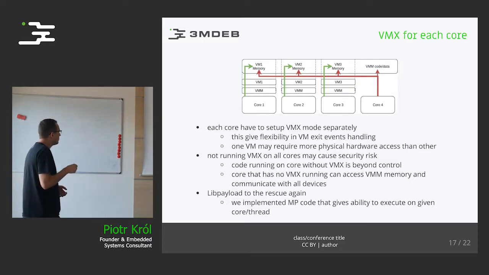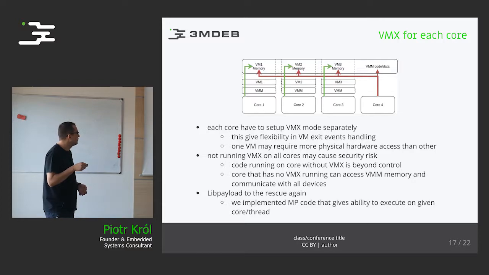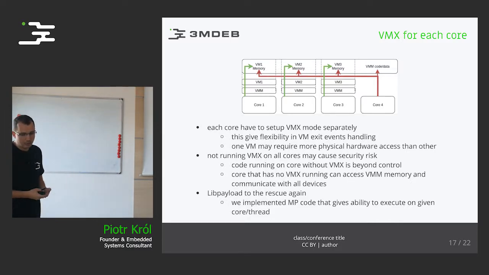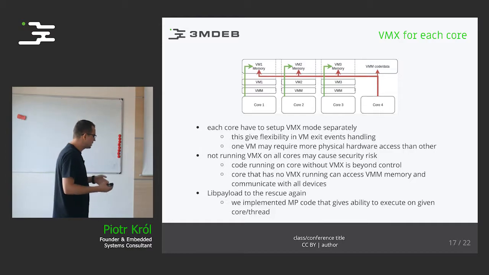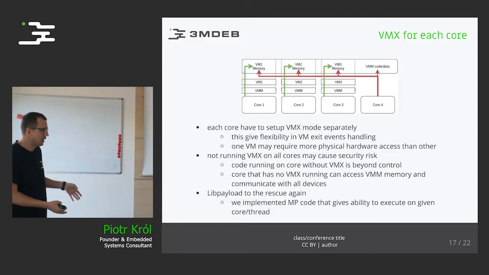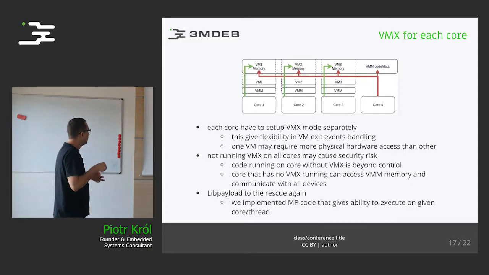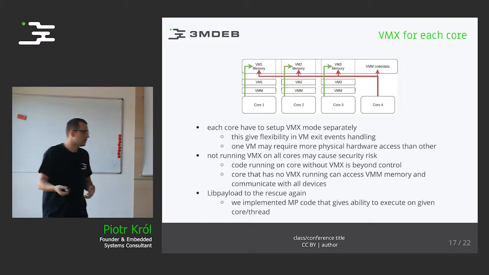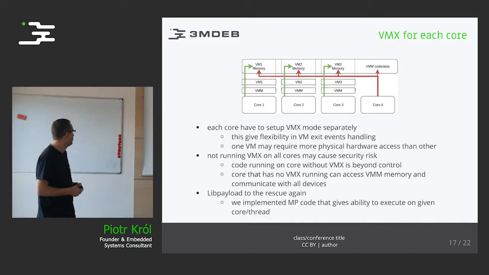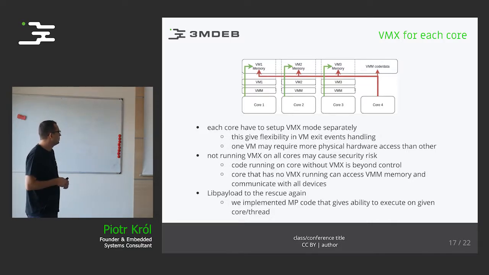So because of that, we run the VMX instruction on each core, and this also gives us some cool additional features. For example, we can better manage VM access to hardware, because the hypervisor intercepts access to hardware. We can say this machine needs less access, that machine needs more access to hardware, so we can prioritize and help them have well-performing access to the physical layer.